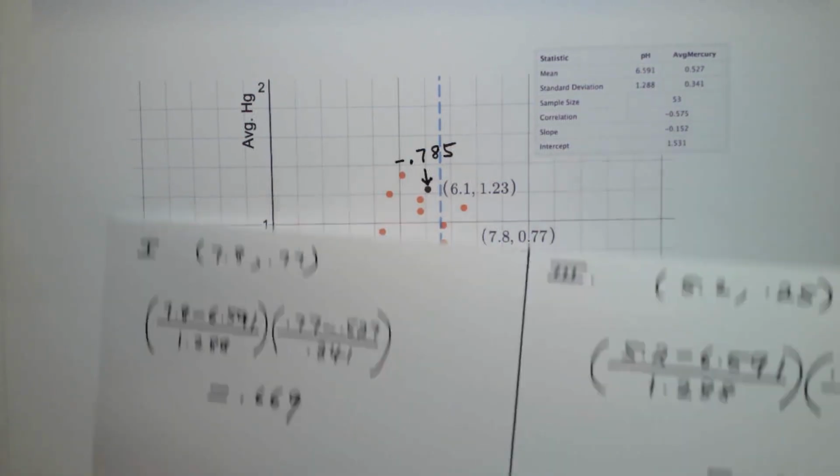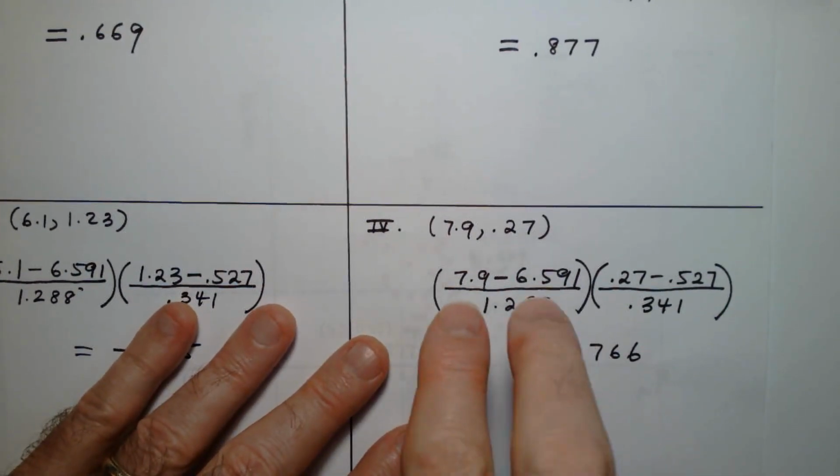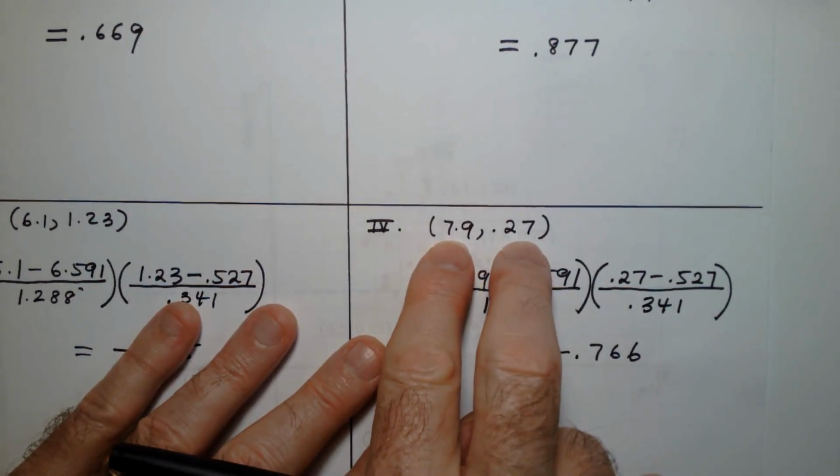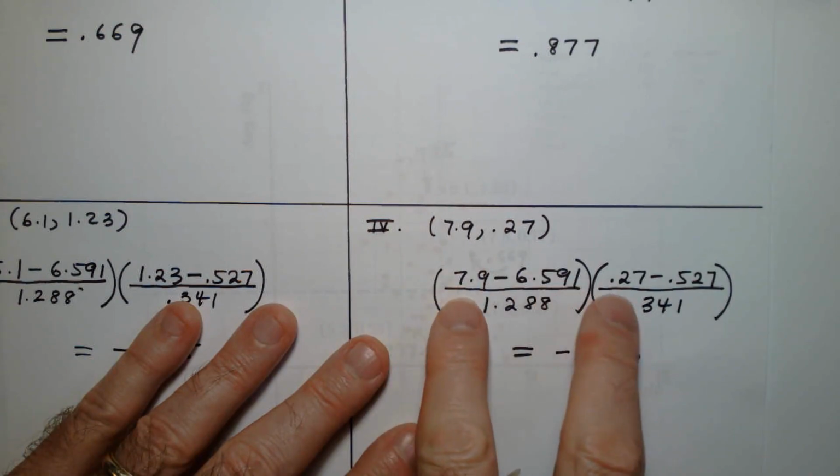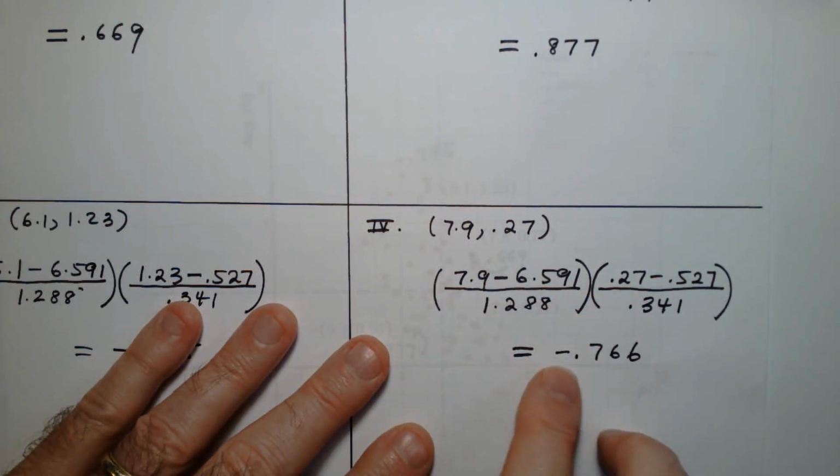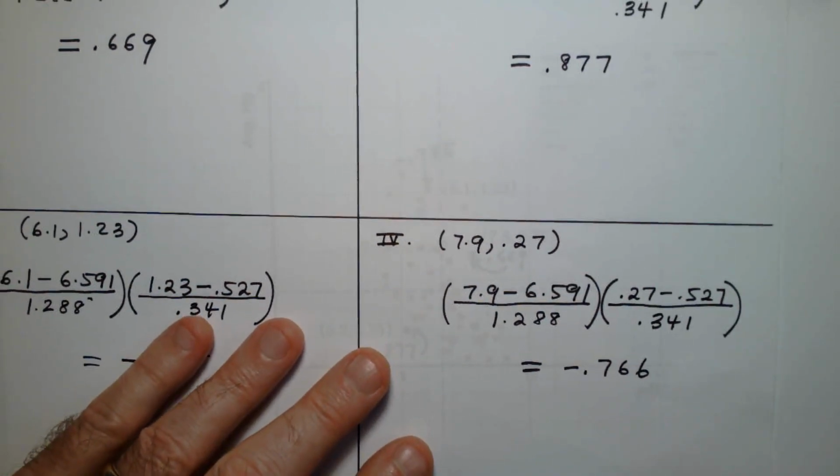And finally, the contribution from the point in quadrant 4 that has coordinates 7.9 and 0.27 is going to be negative 0.766.